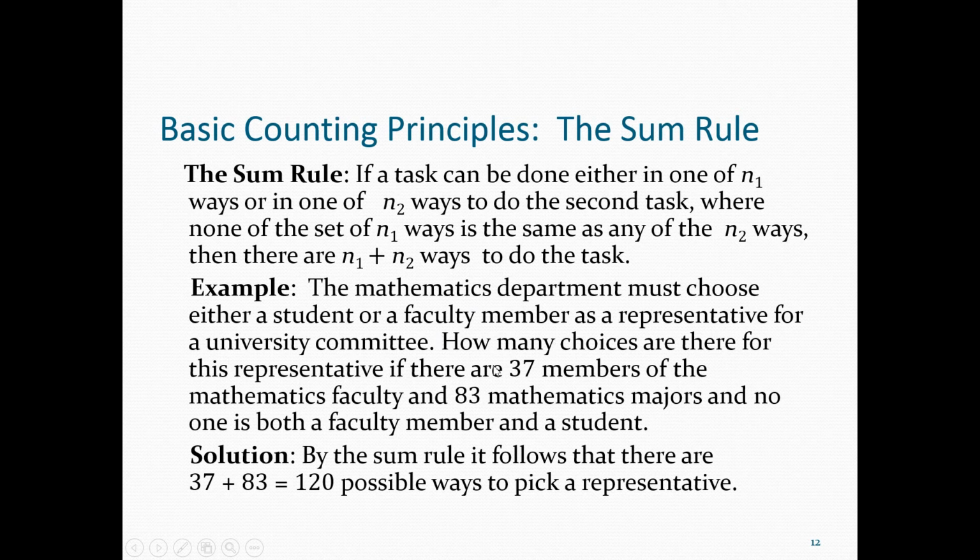How many choices are there for this representative? There are 37 members of the mathematics faculty and 83 mathematics majors, and no one is both a faculty member and a student. So the total number of ways to choose a representative is 37 plus 83, which is 120 in total.